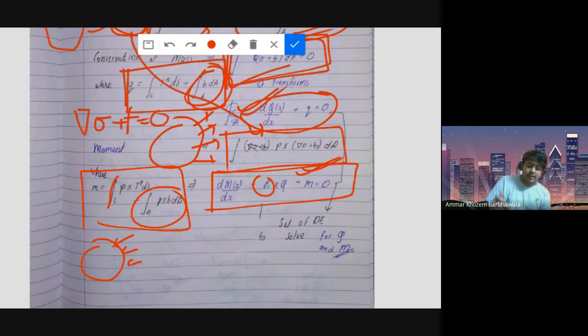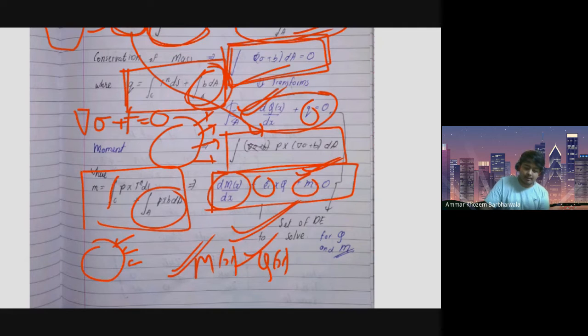So it is a set of differential equations, all in only one variable, x. We need to find the moment function m of x and the q of x function, using the boundary conditions which we are given. So our aim is to find m of x and q of x from this. This is the basics of beam theory.